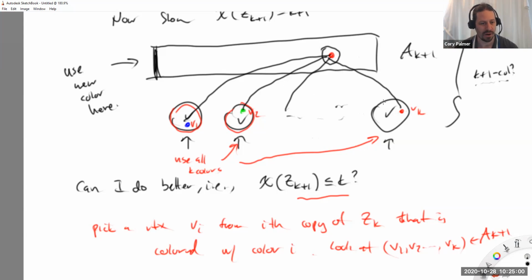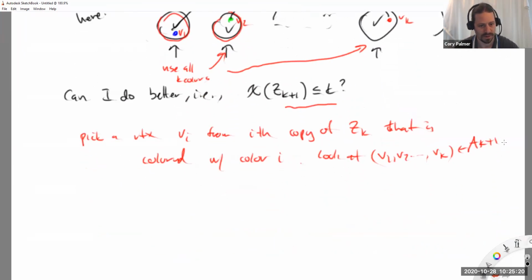So this relied on me having k copies of Z_k here, and it also relied on me having a corresponding vertex up here for every pattern of vertices down below, because I didn't know which vertex was color 1, which was color 2, and which was color k. Maybe there was only one vertex of each of those in my coloring somehow. All right, so look at that.